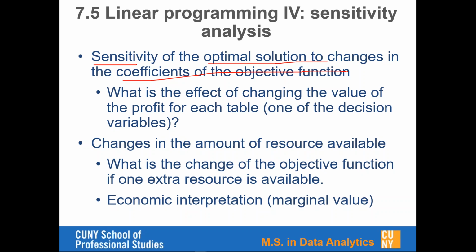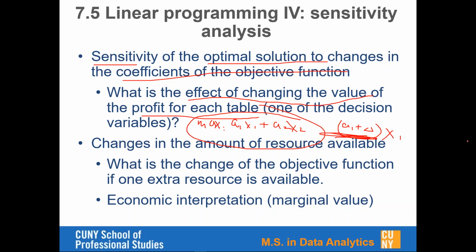Suppose we have the objective function maximize a1x1 plus a2x2. The question is, what is the effect of changing the value of the profit for each decision variable? In other words, if instead of A1 I have A1 plus beta, what would be the impact on the whole thing? That is one way to look at the sensitivity.